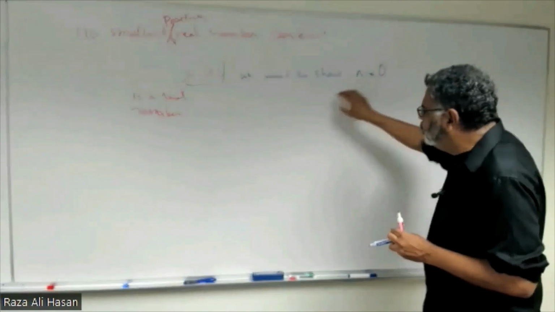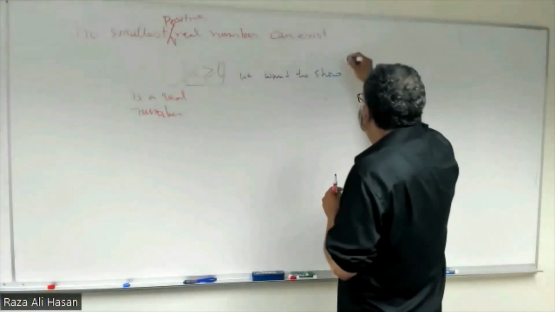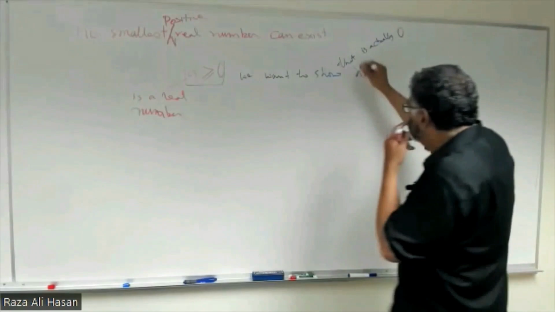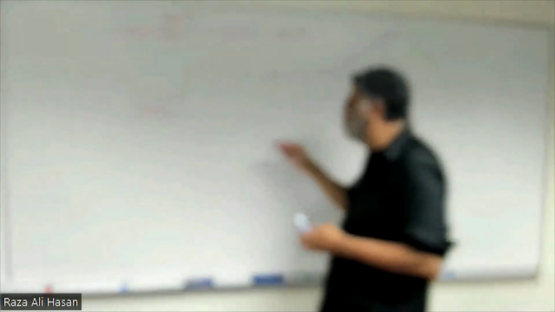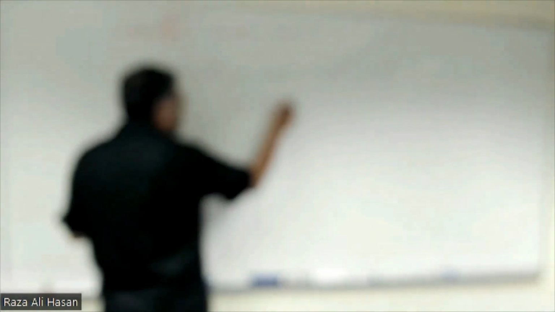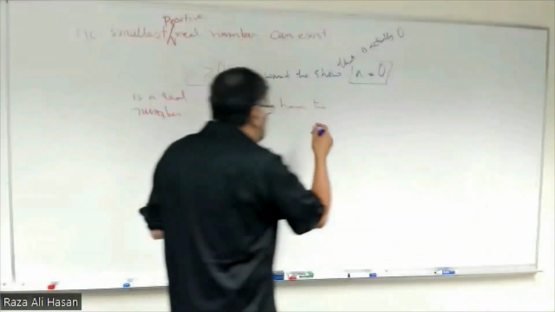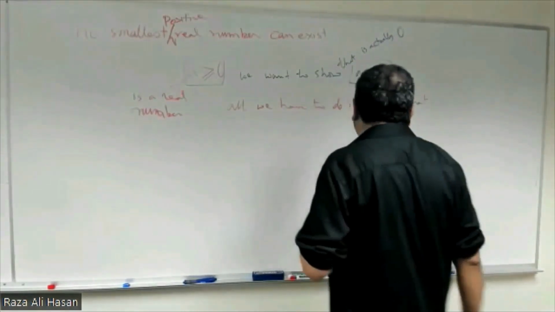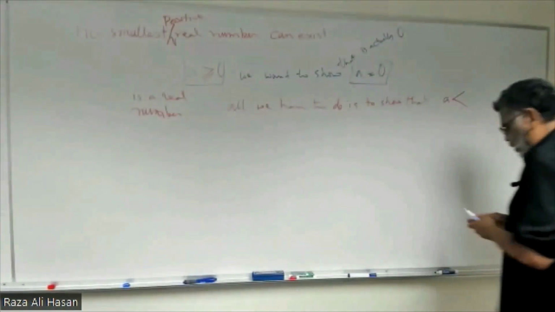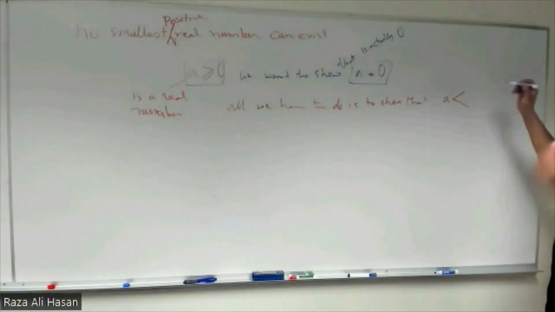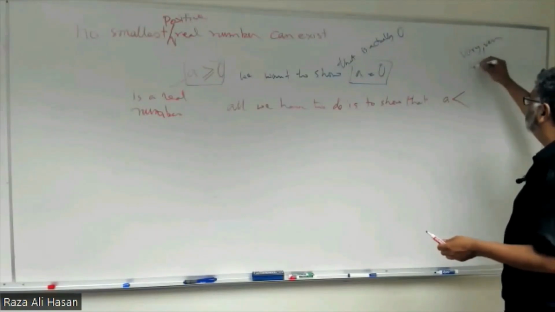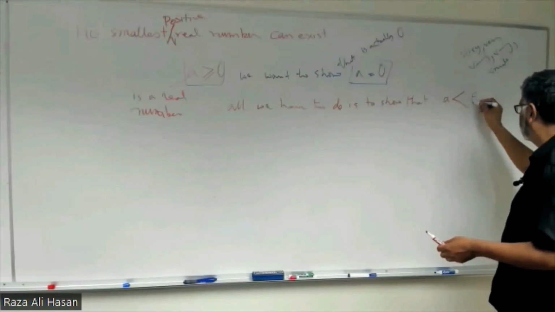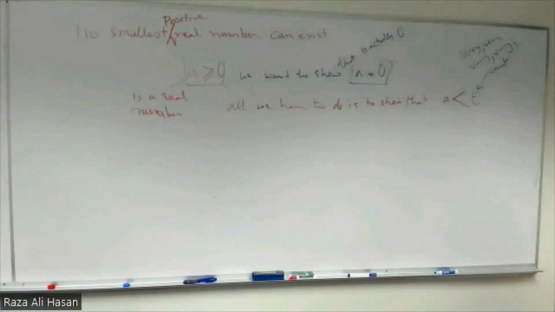So if we want to show that A is actually 0, all we have to do, and this is very important, is show that A is less than a very small epsilon.